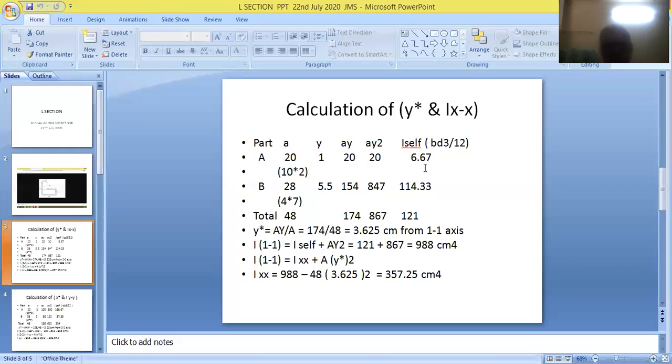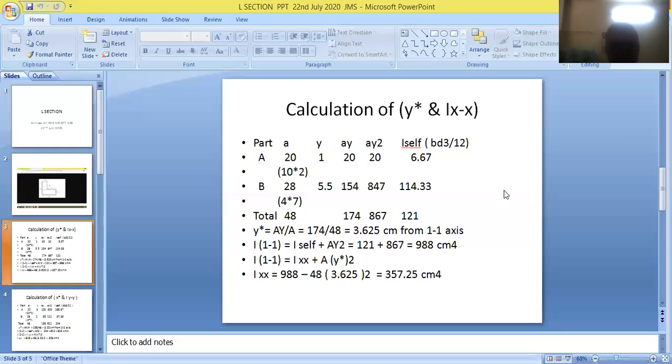So friends, this is a wonderful table used for making all these calculations. These are the total figures, which is called sigma A, and this is sigma AY, and this is sigma AY square, and sigma I self. So ultimately, all these total figures shown at the bottom of the table are used for measuring the values of IXX.